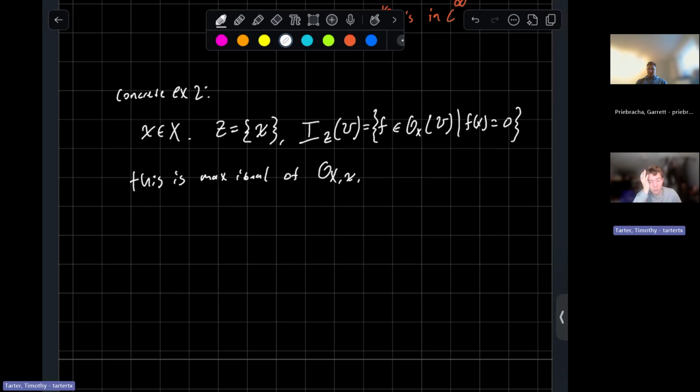No, it's a module of what? It is a system of modules. An OX module is a system of modules over local rings that are glued compatibly across the topological space.